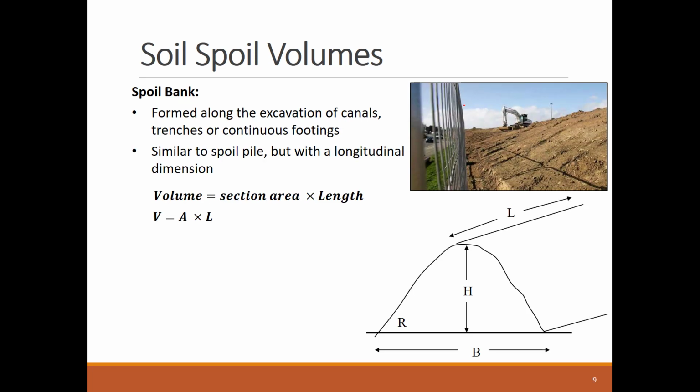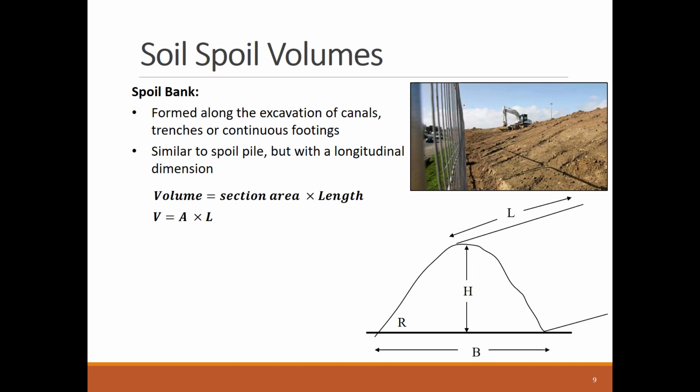Soil banks usually form along a linear excavation operation, like the case in pipelines, continuous footings, and trenches. The volume calculation principles we discussed before still apply to the spoil bank, but we are now dealing with a longitudinal dimension, the bank length.